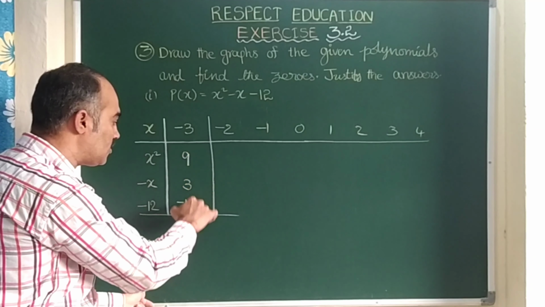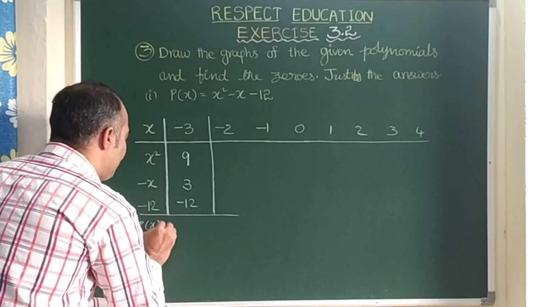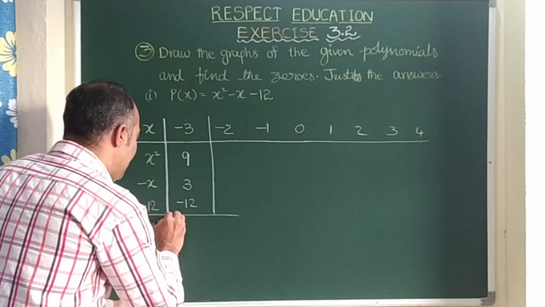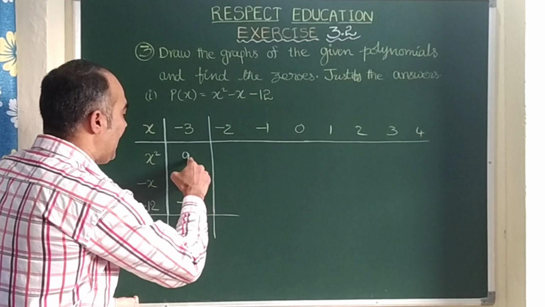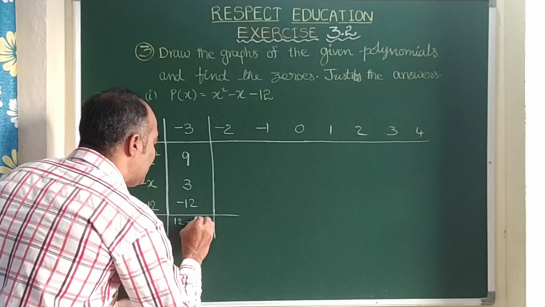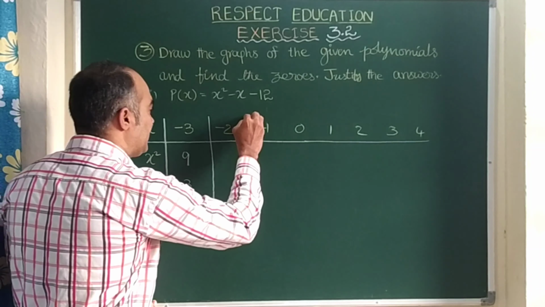These three numbers are to be added. So here I am taking this p of x as some other alphabet, let us take it as y. Here I am going to add these numbers. 9 plus 3 is 12. 12 minus 12, finally this is 0. Now let us do the next value.